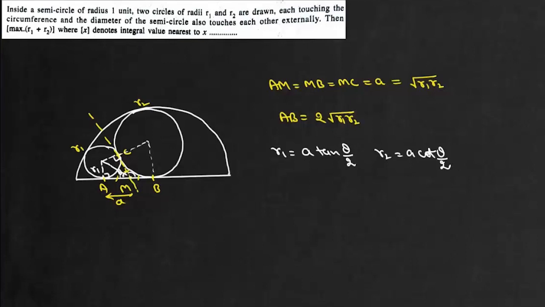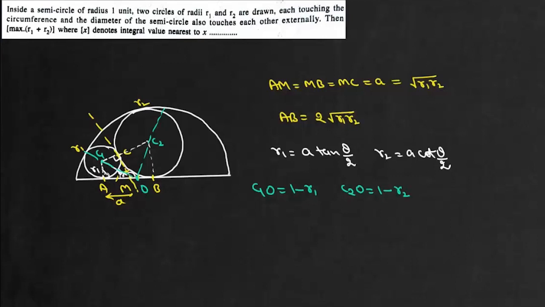Now suppose the center of this semicircle is at O. Then if we join these two and these two, this length is 1, then this length C1O will be 1 minus r1. And the same way, this C2O will be 1 minus r2.